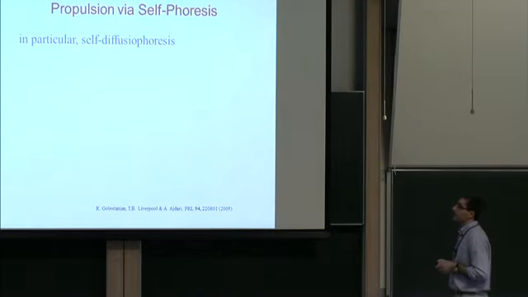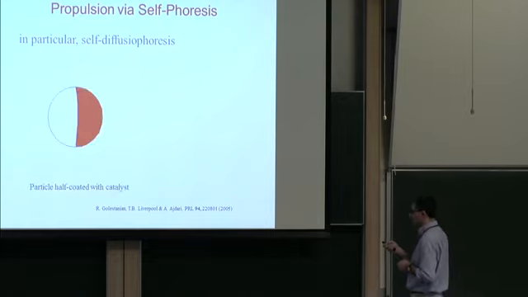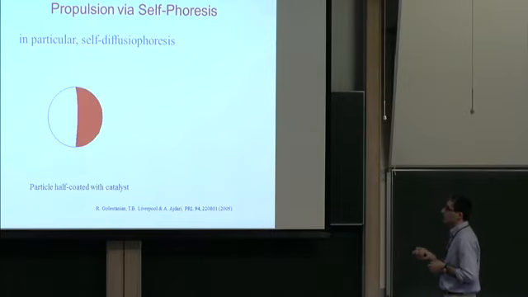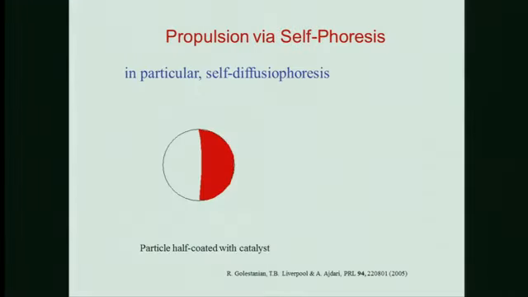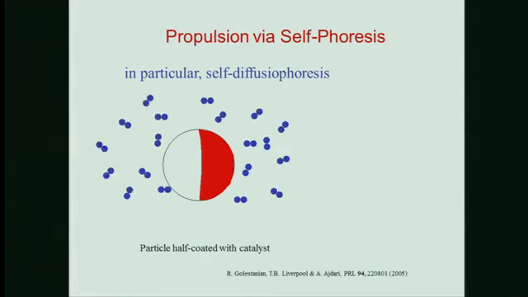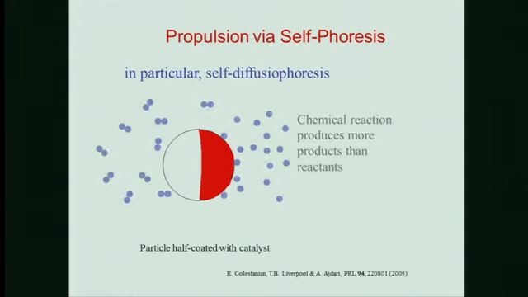Okay, so let's do self-diffusiophoresis. All we need to do is take a colloid and cover it asymmetrically with a catalyst, and put it in a solution of a molecule that the catalyst would break down. When the catalyst does its job, it will break these molecules into, say, more molecules.